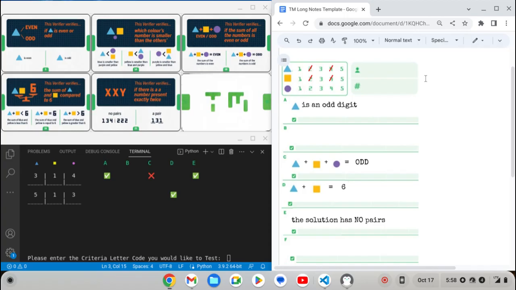And again, the only way you can get a sum of 6 with 1, 3, and 5 is, it has to be 1 and 5 for triangle and square in some order, and that would force your circle to be 3. So actually, I think we already know that circle should be 3.